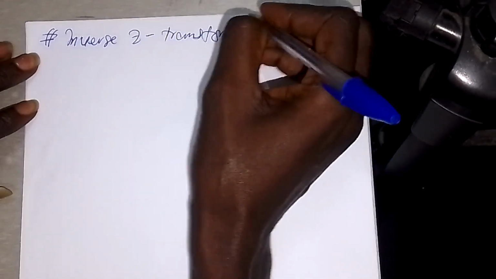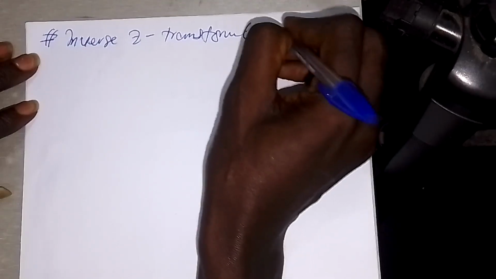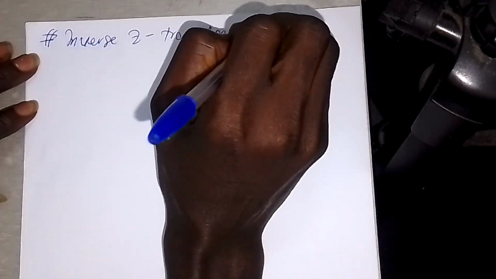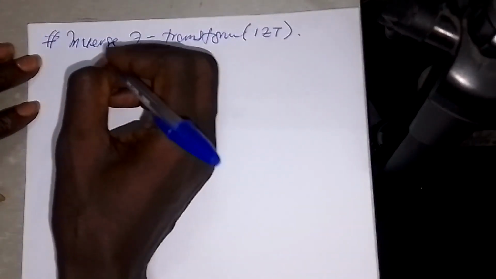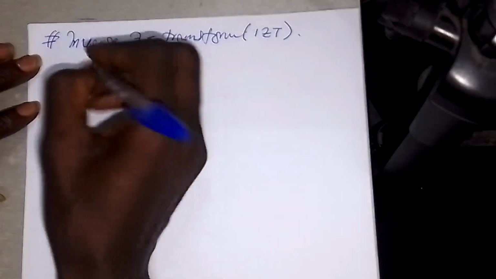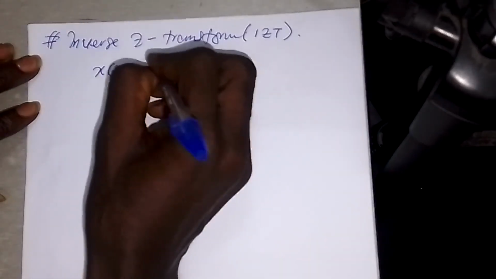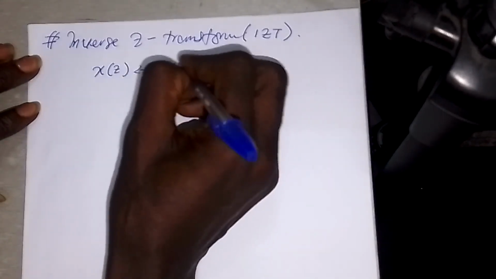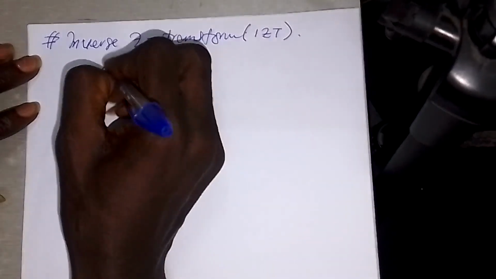Basically, simply it is the IZT. Okay. So now the inverse, you know that the Z transform helps us to get X of z.